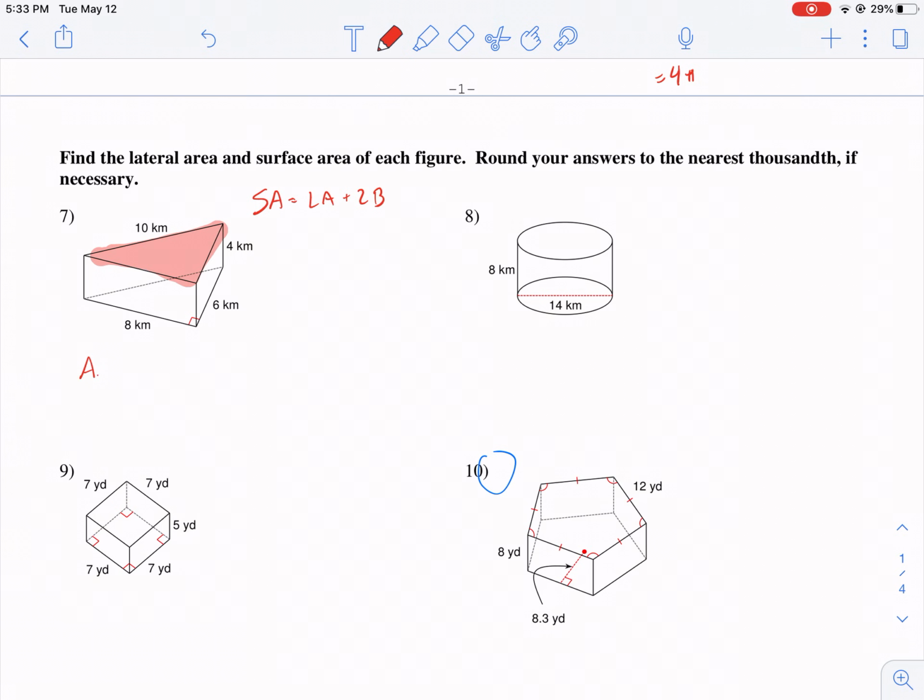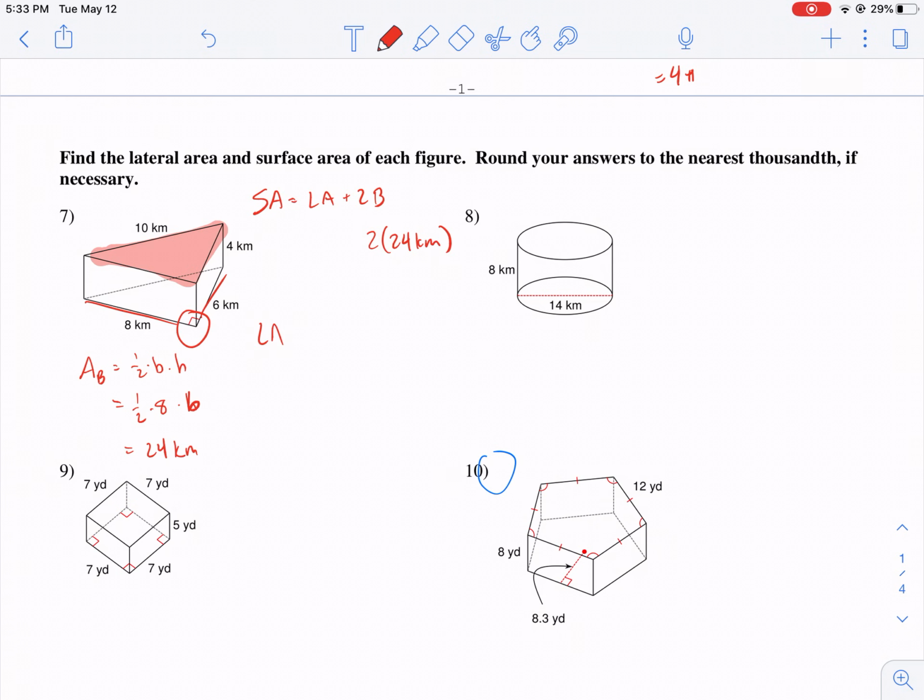We can go ahead and find one of the area of the bases. Because this is 90 degrees, we can go ahead and do 1/2 the base times the height. So 1/2 times the base is 8 times the height 6. Oops, 6. That equals 24 kilometers. So we already have that bit right there, 24 kilometers.